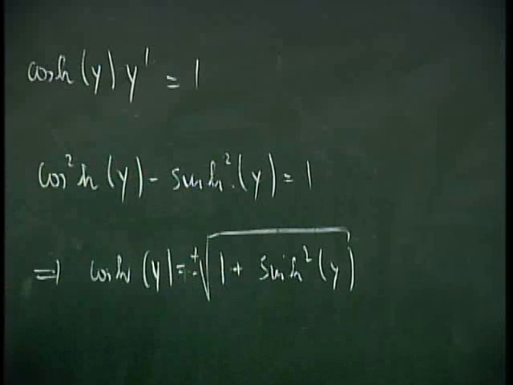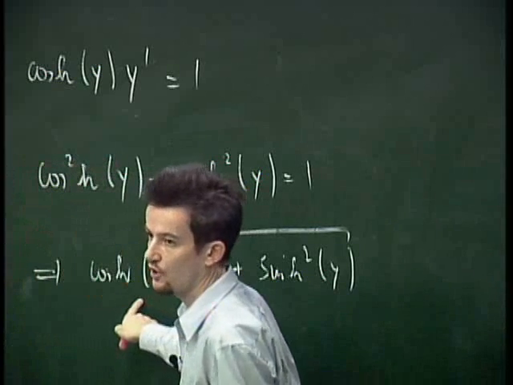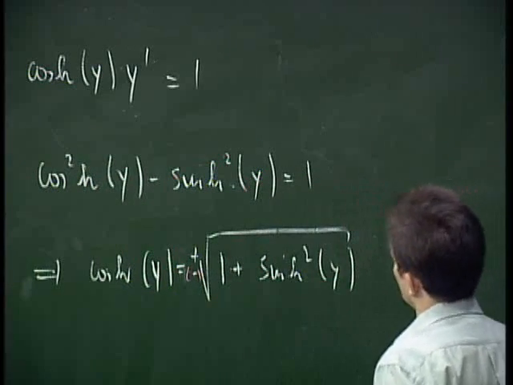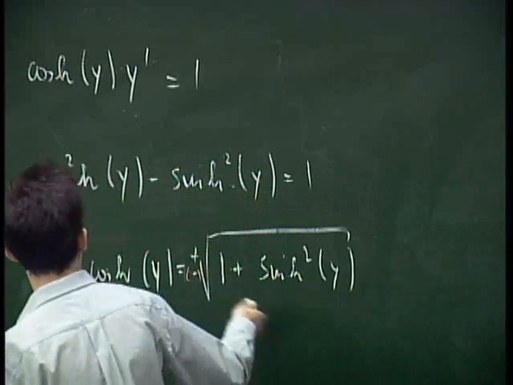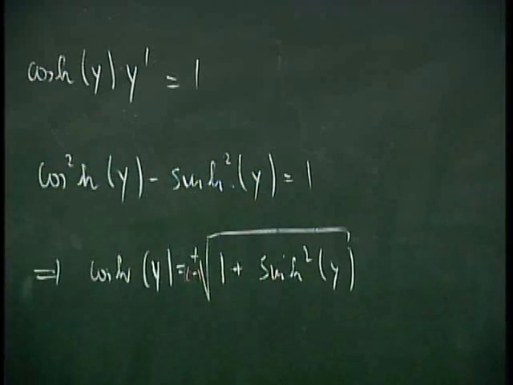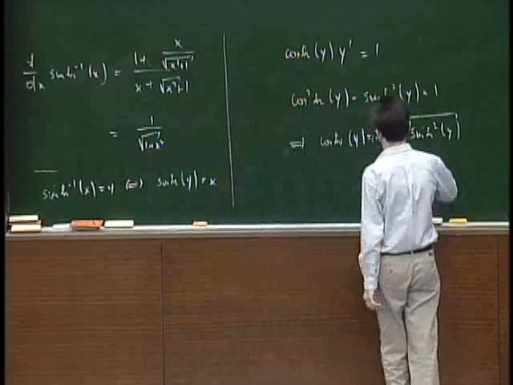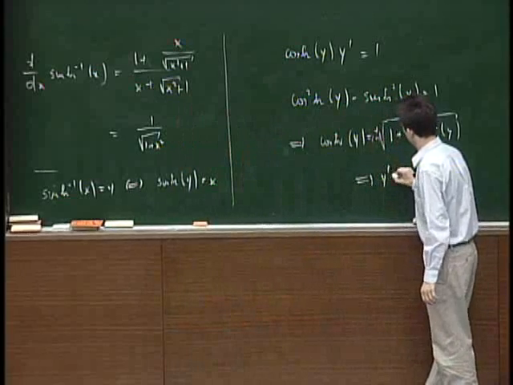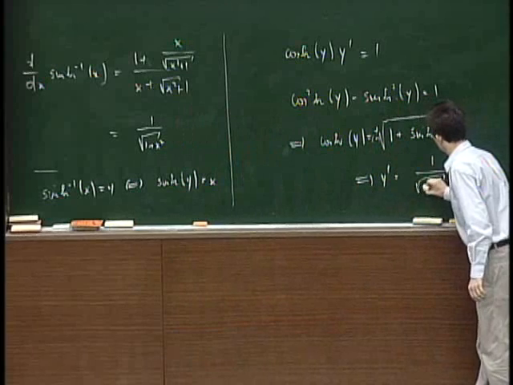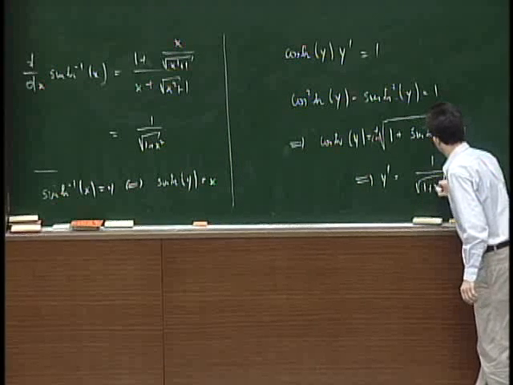But you can forget about the negative one, because the hyperbolic cosine is always positive. Okay, and now, if you plug this in, and for y you plug in the original function, you see what you get is the same expression. So the derivative is equal to 1 over square root of 1 plus x squared.